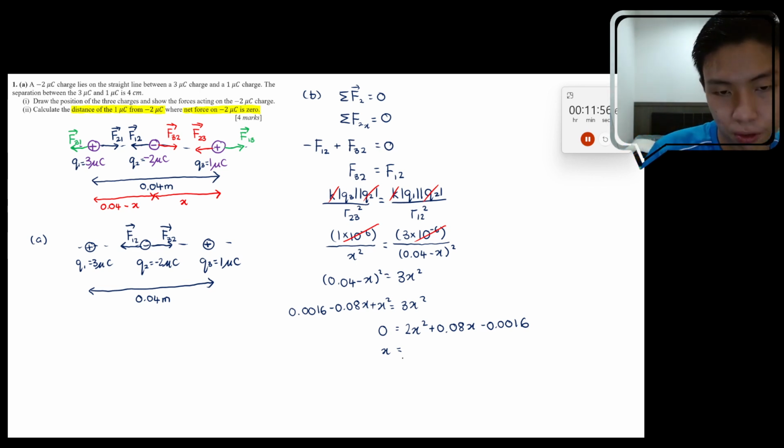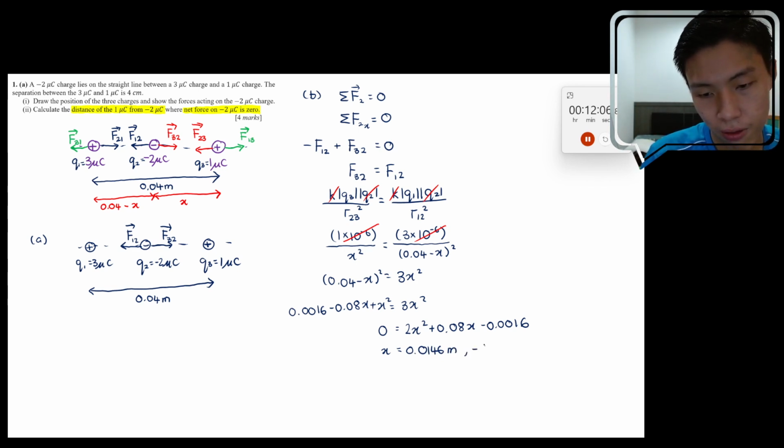You have two answers because this is quadratic: 0.0146 meter, and another one would be negative 0.0546 meter. We'll be rejecting this one because I believe we are looking for a positive value of x.